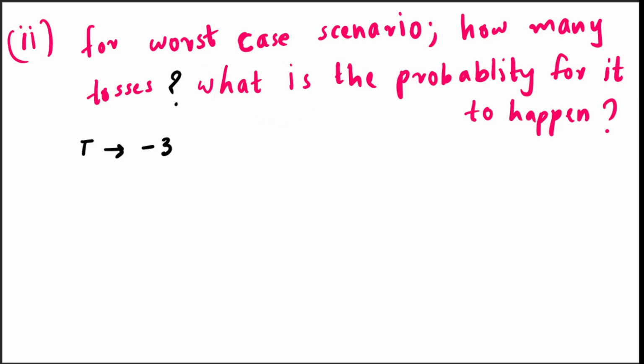The first thing is how many doses it would take for this worst case scenario. Because for a tail we are losing 3 coins, so how many doses? 100 divided by 3 comes as 33.33, like that.